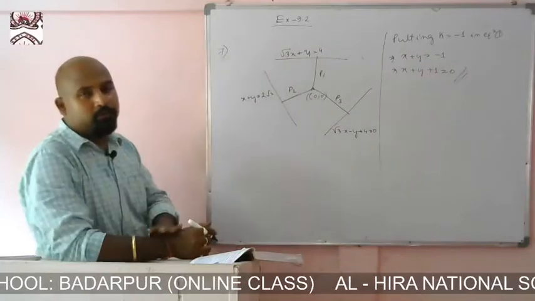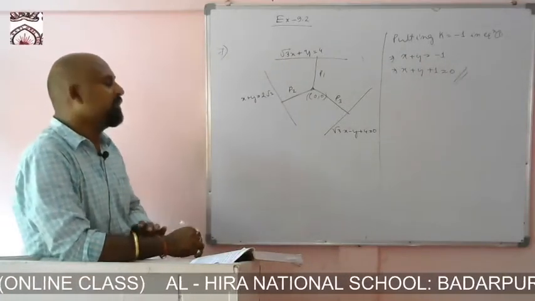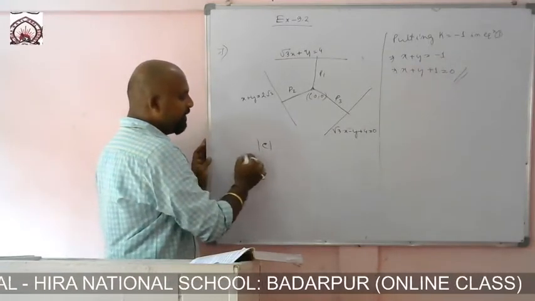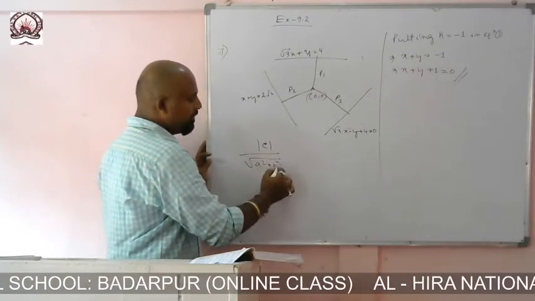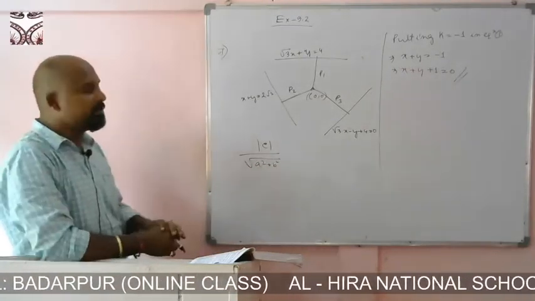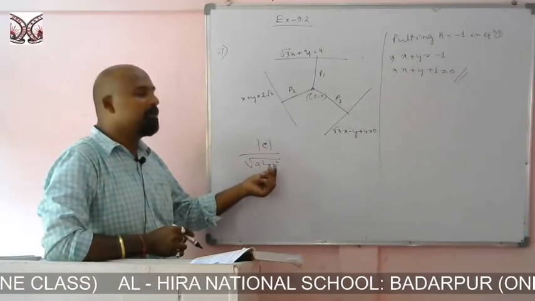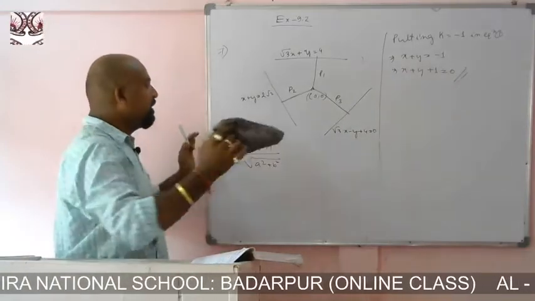Now we know the formula. The length of the perpendicular from the origin is given by modulus of c divided by root over of a square plus b square.